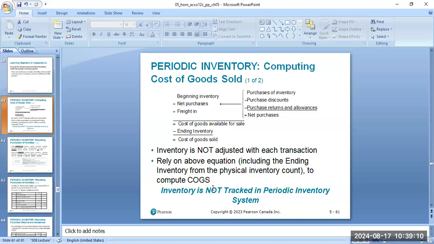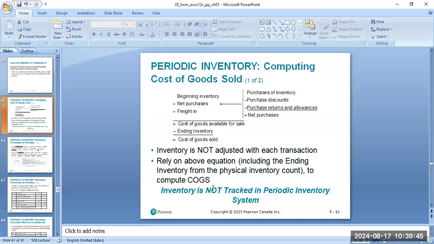Then we're going to get the net purchases. That means we're going to get the purchases, we're going to get the purchase discounts, we're going to get the purchase return allowances. We're going to deduct those from the purchases, and we're going to get the net purchases. Once we get the net purchases, we're going to add the freight in, and that's how we're going to get cost of goods available for sale.